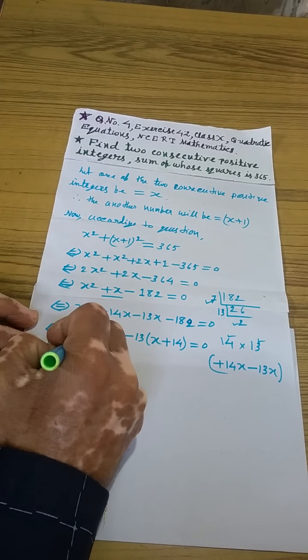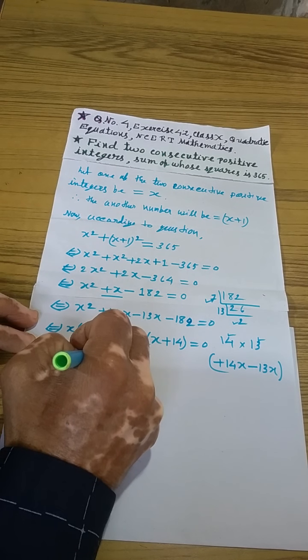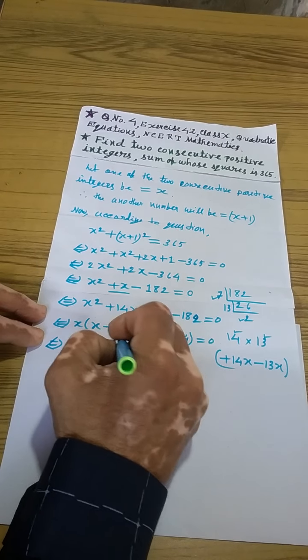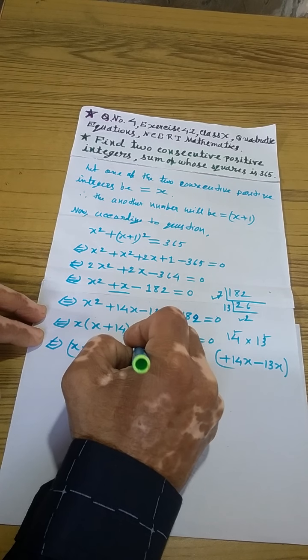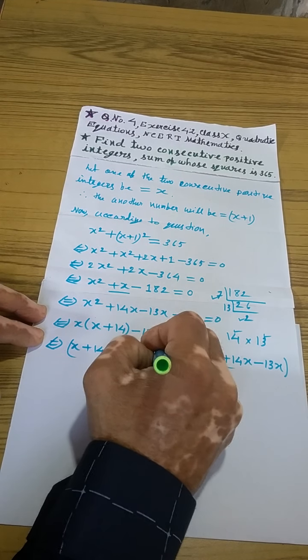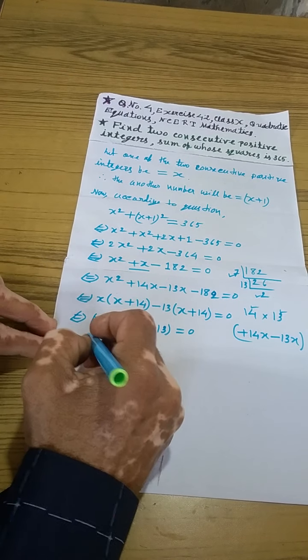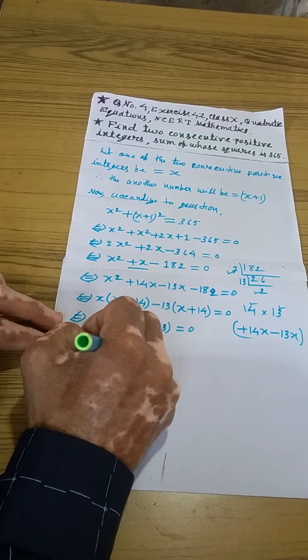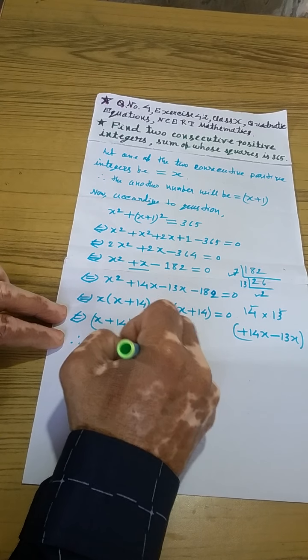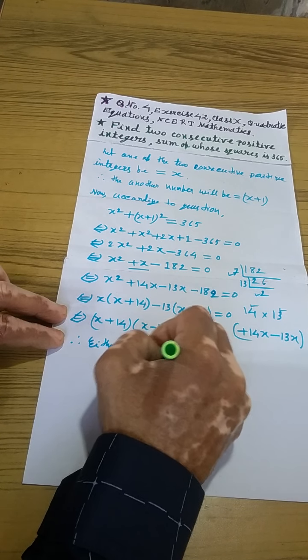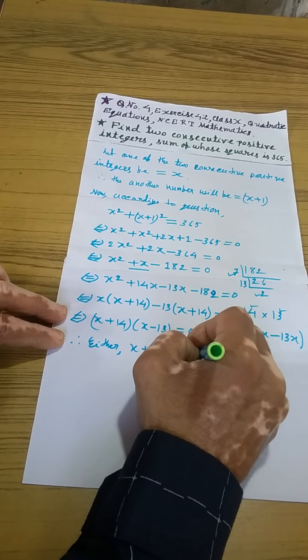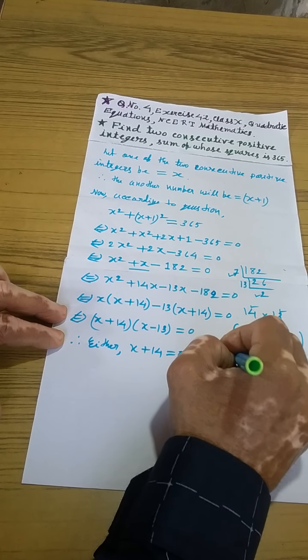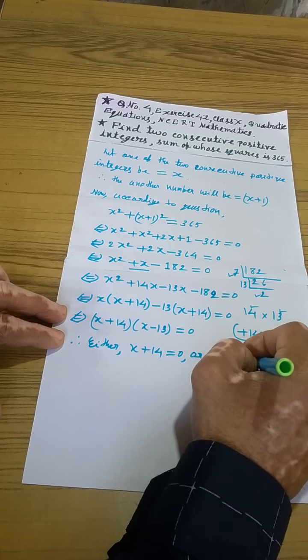That again implies x plus 14 into x minus 13 is equal to 0. After this, write in this way. Therefore, either x plus 14 is equal to 0 or x minus 13 is equal to 0.